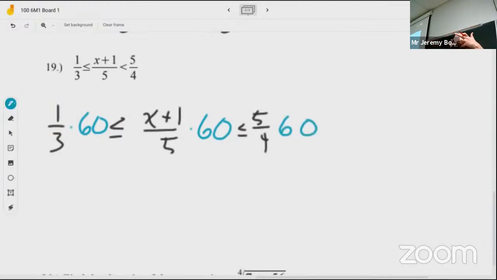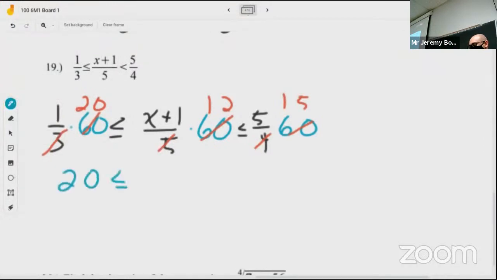And so what we need to do is to reduce. 3 and 60 reduce, we're left with a 20. 5 and 60 reduce, we're left with 12. And 4 and 60 reduce, we're left with 15. And so on this left part here, it's going to be 1 times 20, that's 20, less than or equal to 12 times x plus 1.